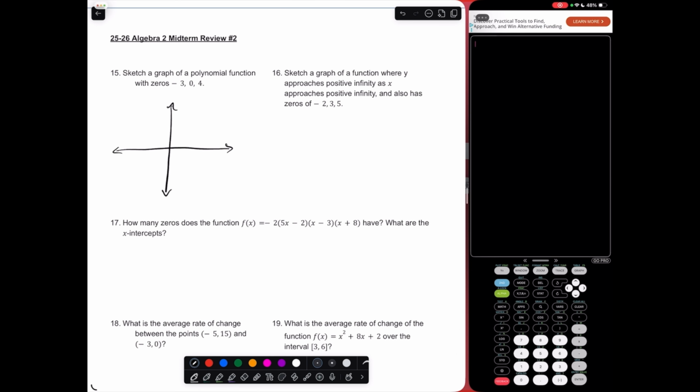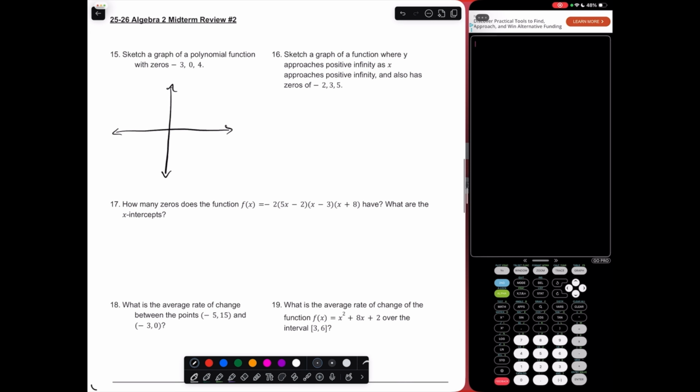So we're going to count 1, 2, 3, 4, and 1, 2, 3, 4. So -3 would be right here, 0 would be right on the origin, and +4 would be right here. Each of these would become a zero.